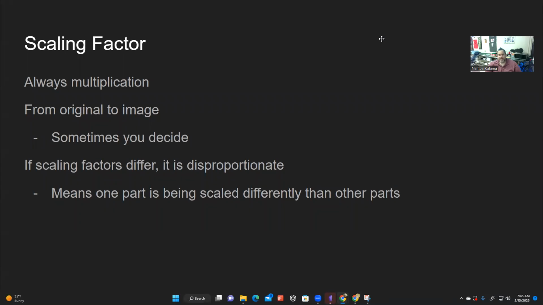And sometimes those ratios could be the original length of something to the image, a ratio of the original to the image.